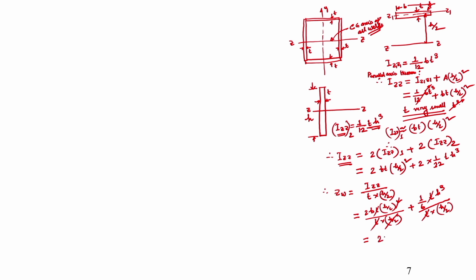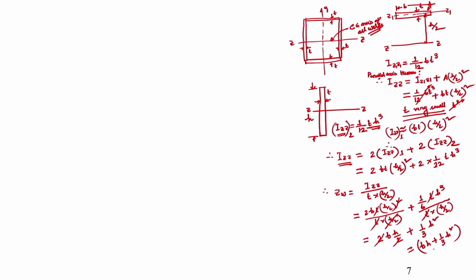So, 2 into b into h divided by 2, plus you can write here 1/3 h square. Okay. So, here generally this 2 also cancels out. What are the things here you can write? This will be equal to b into h plus 1/3 h square.